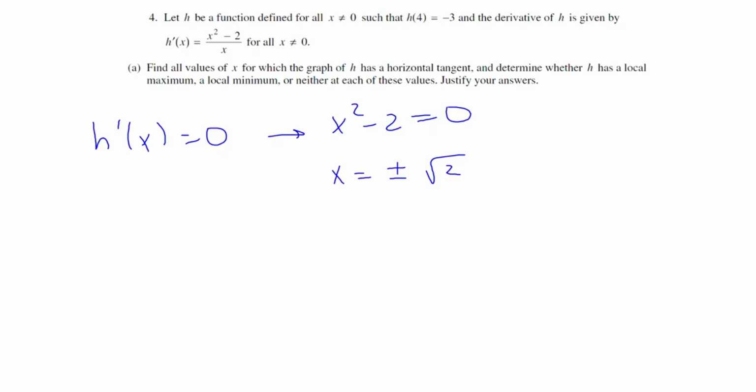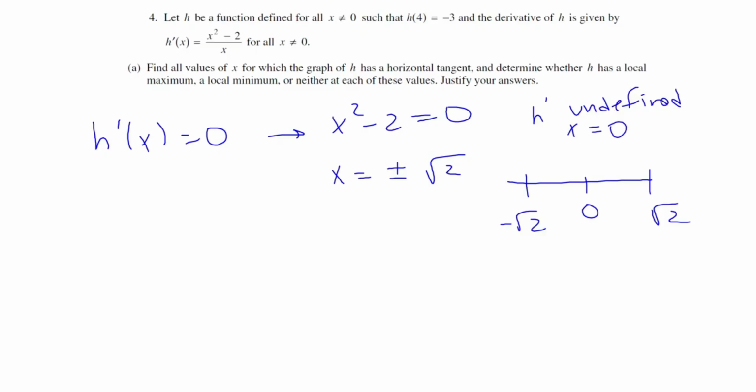So if I evaluate h prime, we'll make a little sign chart here, with negative root 2, 0, which is another critical value, a place where the derivative is undefined. And so we should probably indicate that: h prime is undefined also when x is equal to 0. So we should definitely indicate that, our 3 critical values.